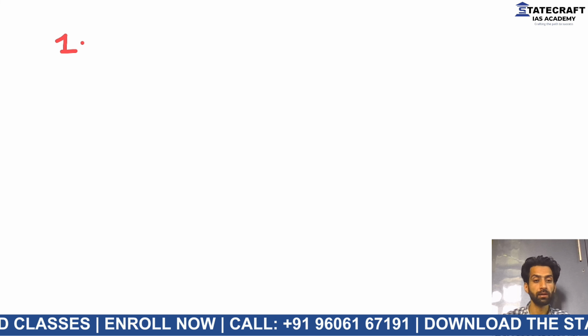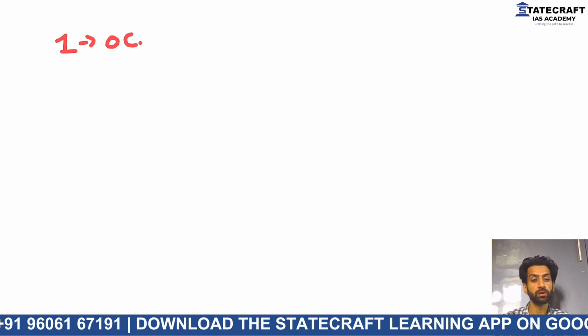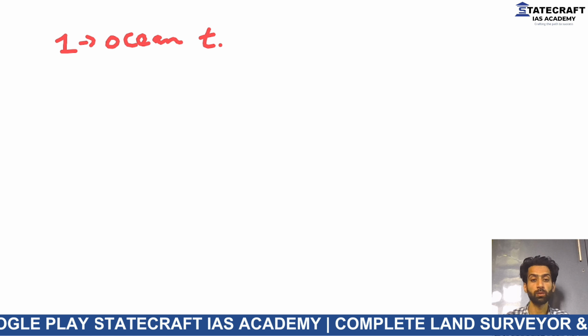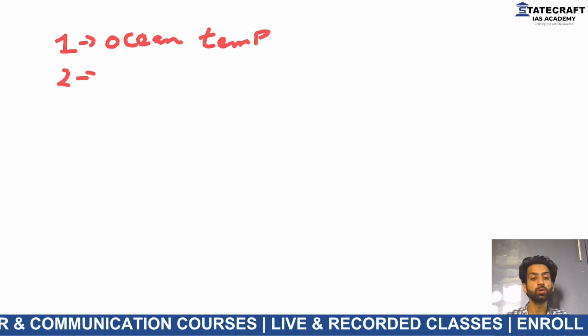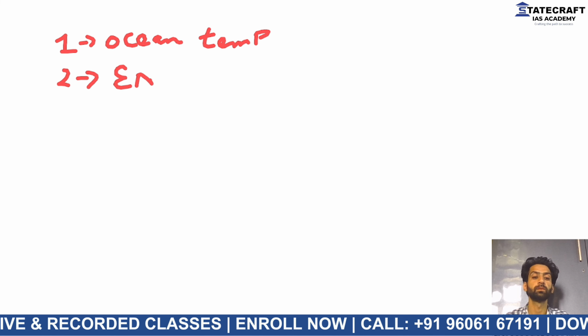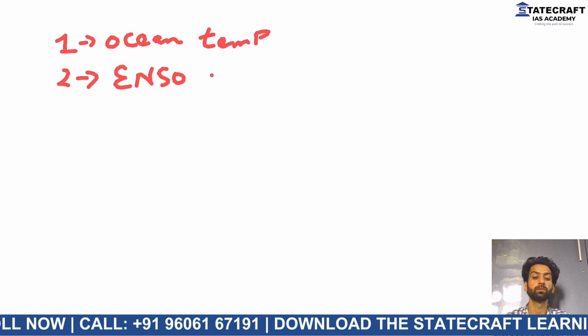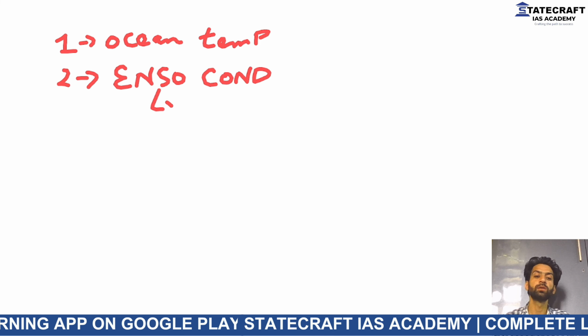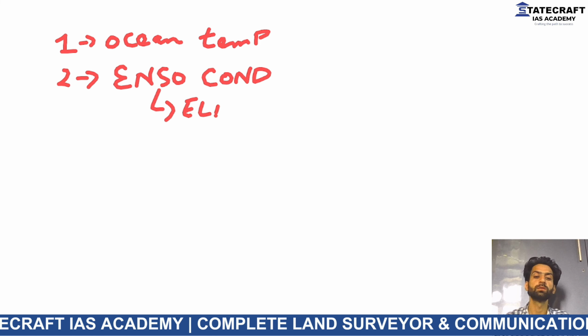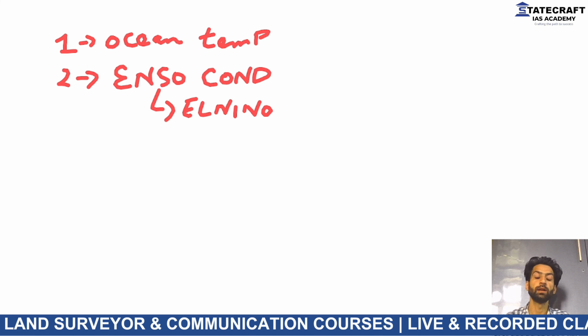Two conditions that are very important are, number one, the ocean temperatures, and number two, the ENSO condition. This includes El Nino, La Nina.